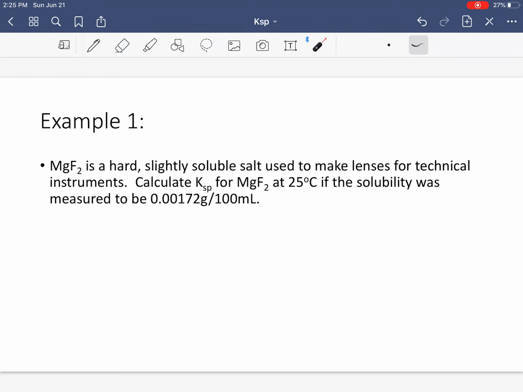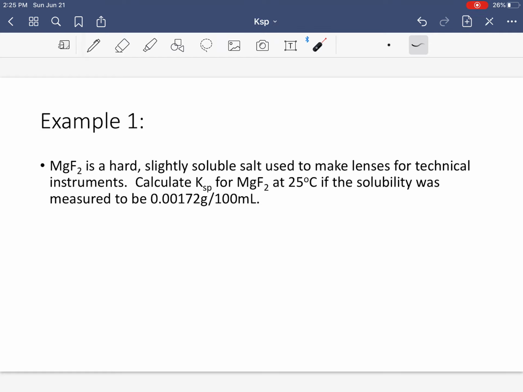I want you to do one thing. I want you to take this information right here, because this is the solubility point, okay? And I want you to turn that to Ksp. Now, the question is obviously, how am I going to do that? Well, I'm going to show you a little thing, okay?